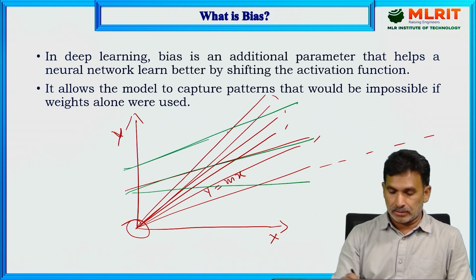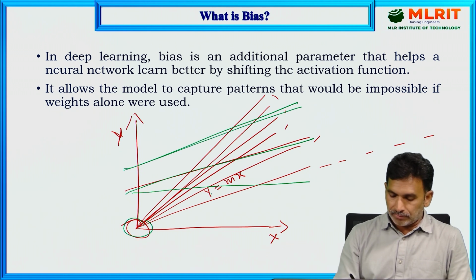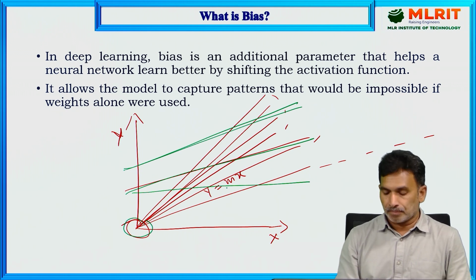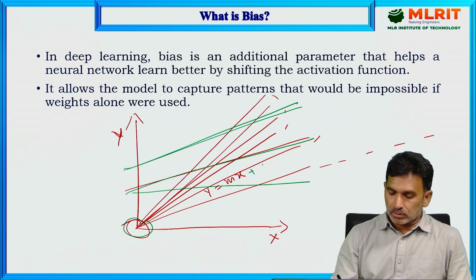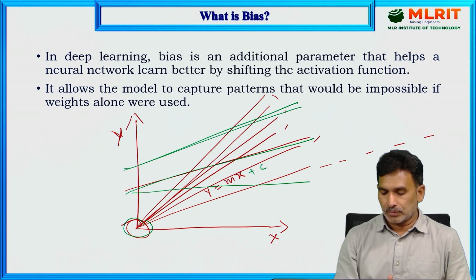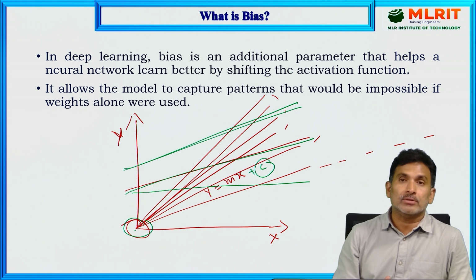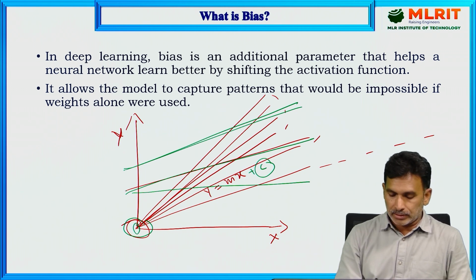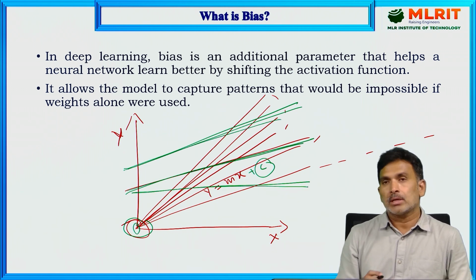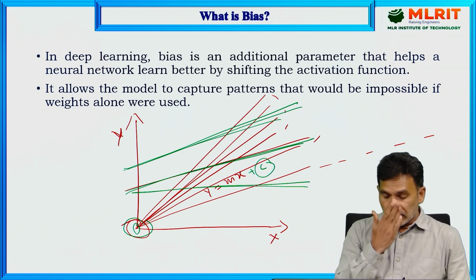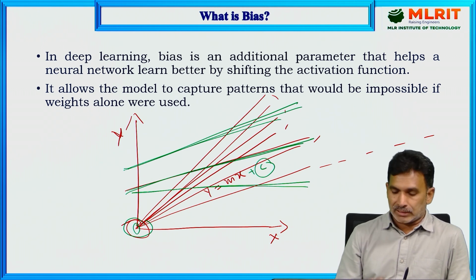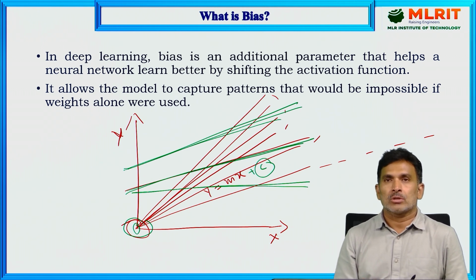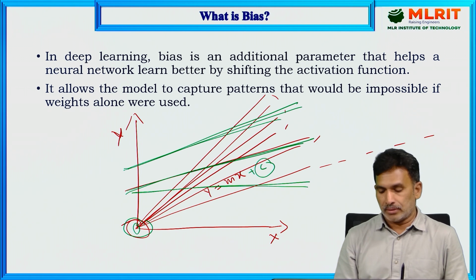But with y is equal to mx, we can only change the slope. If we have the constant, that is the y-intercept, y is equal to mx plus c, I can shift this line. That means the model is allowed to identify the exact relationships, or we allow it to explore the complete search space. So that is how it is important.